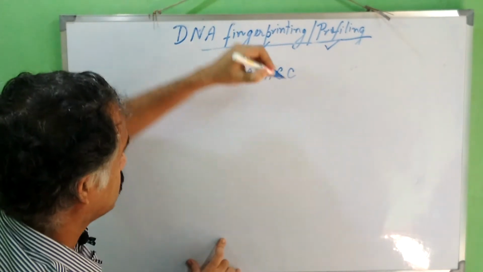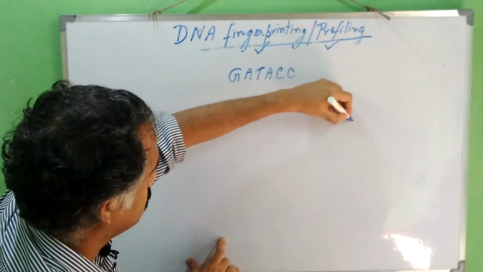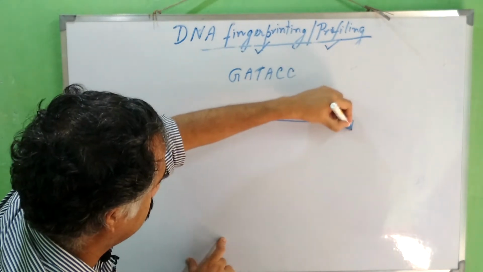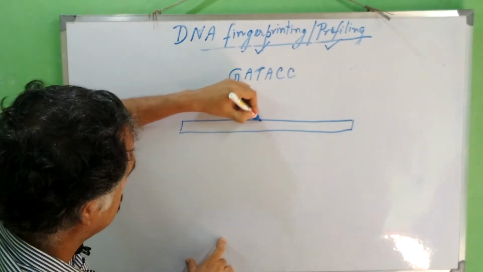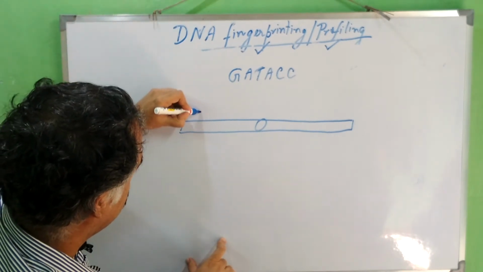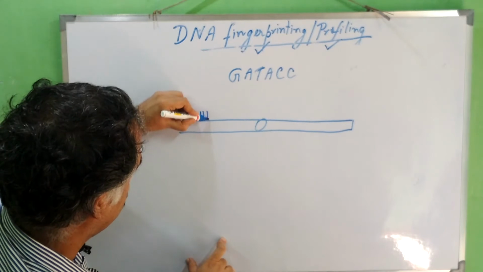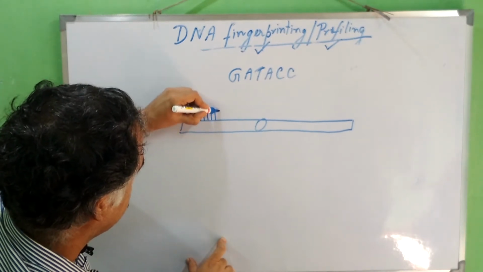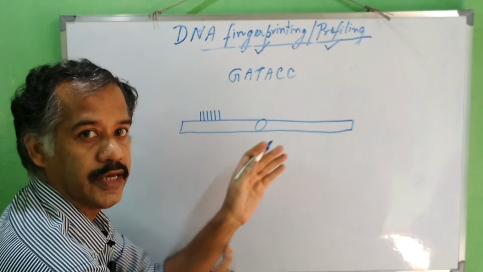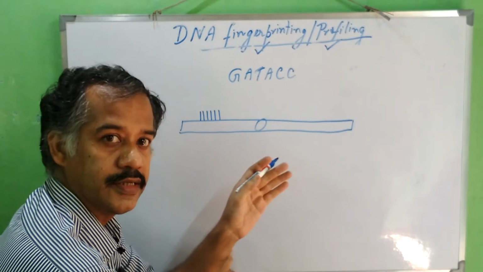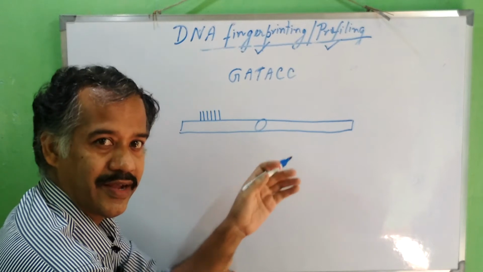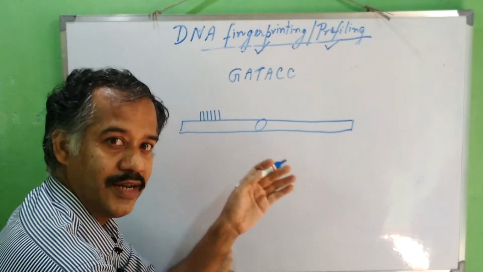Now this sequence, if it is present, let's say this is our chromosome 1, that's the centromere, and if this sequence is present over here once, twice, thrice, 4, 5, 6, the same sequence GATACC, again GATACC, again GATACC, GATACC. If this sequence is present one after the other in a tandem array, repeated, that is a tandem repetitive DNA.